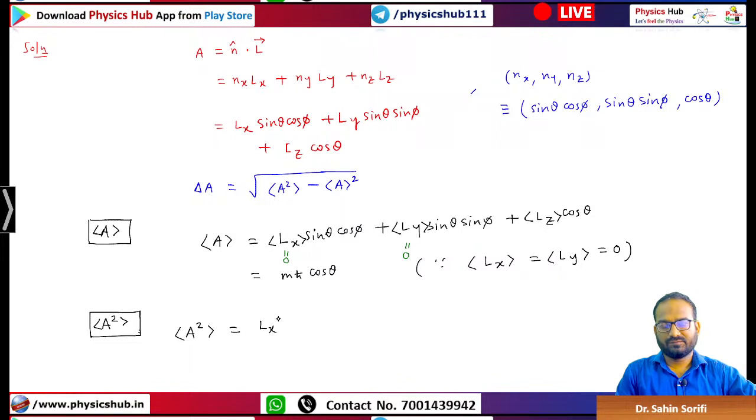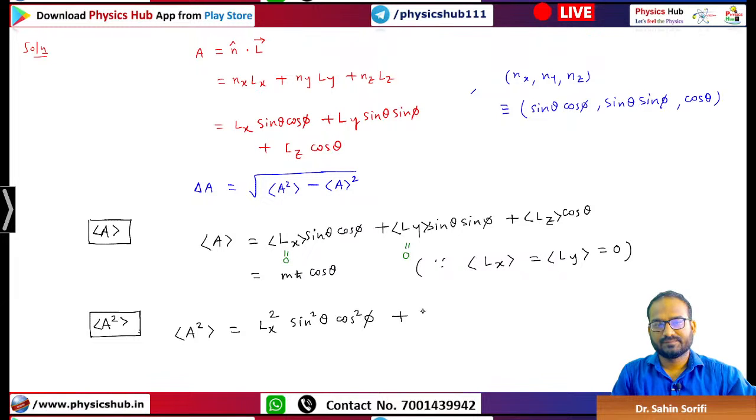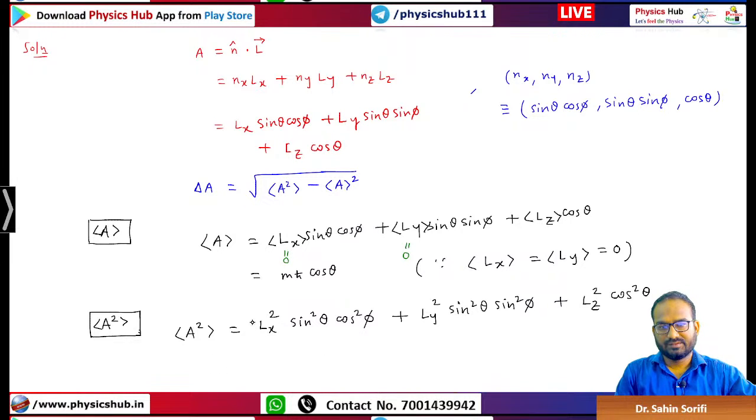The way you find the square: Lx square sin square theta cos square phi plus Ly square sin square theta sin square phi plus Lz square cos square theta. Okay, so when you are calculating the expectation value of A square, you have to take the expectation values of this Lx square, Ly square and Lz square.